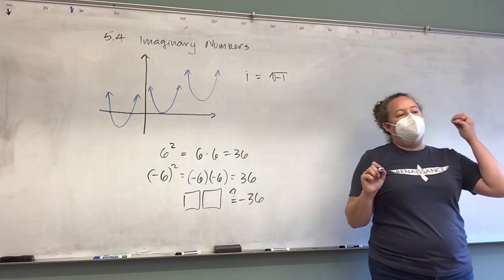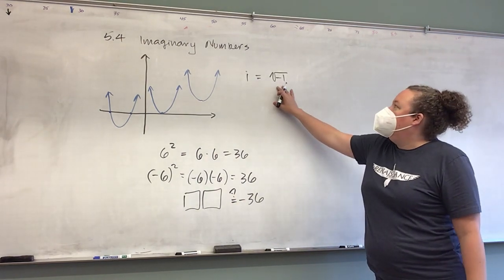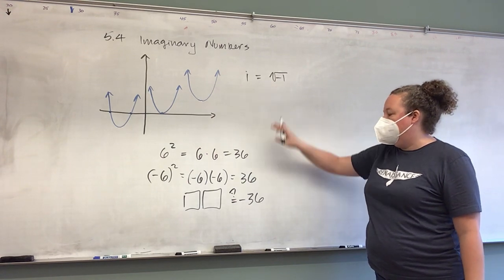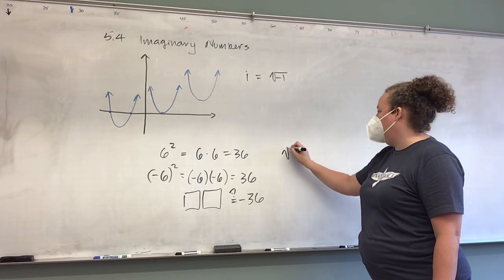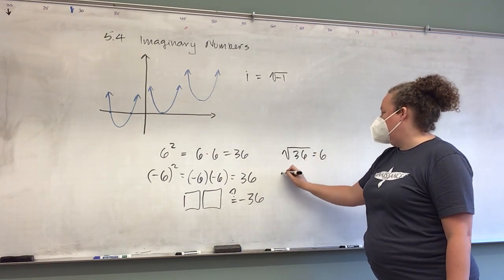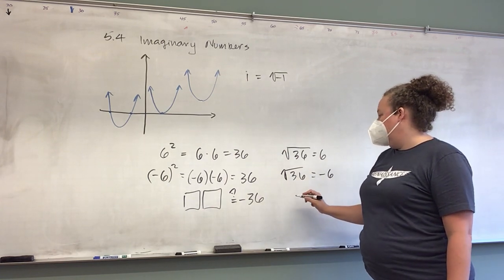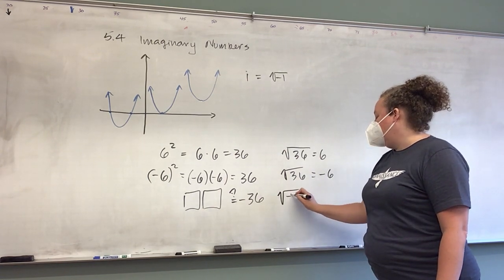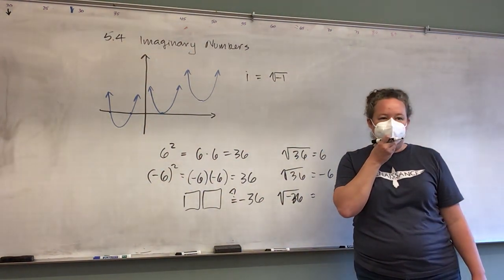So we can clearly define the concept: we're taking the square root of a negative number. Here we can take the square root of 36 and get 6, or get negative 6. But just try and take the square root of negative 36 in your calculator. What does it say?